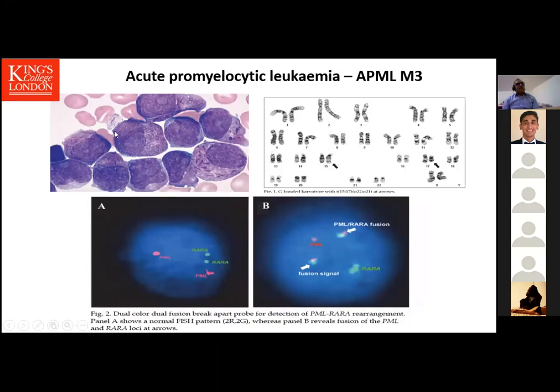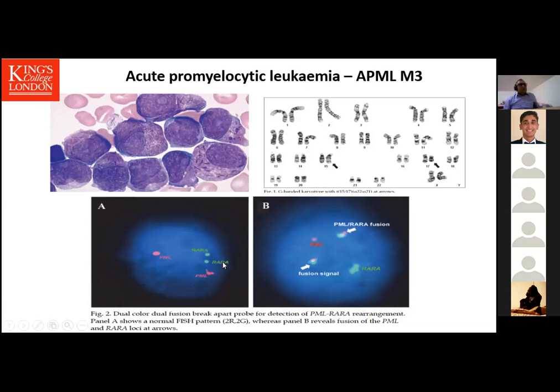cells. The other characteristic thing about this condition is the characteristic 15-17 translocation. So there's a translocation between chromosome 15 and 17, which gives rise to an abnormal protein called PML-RARA.